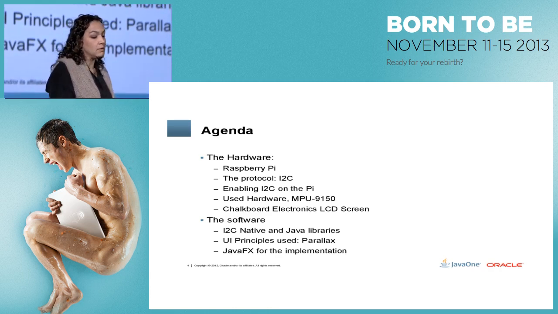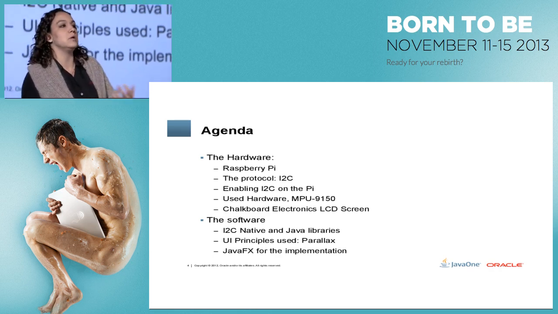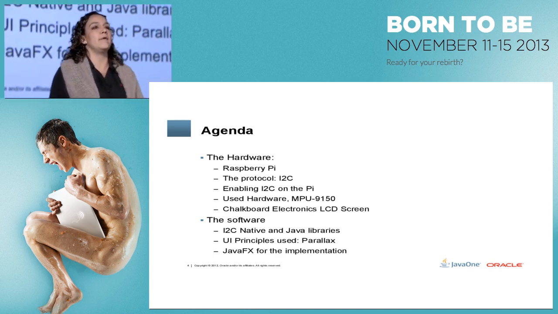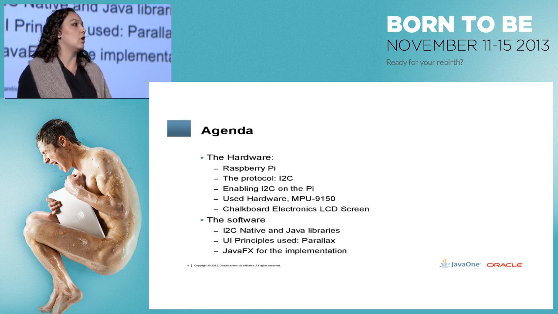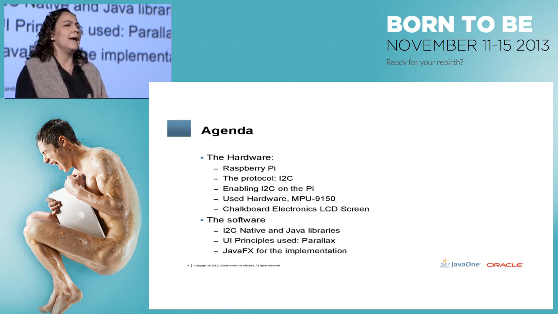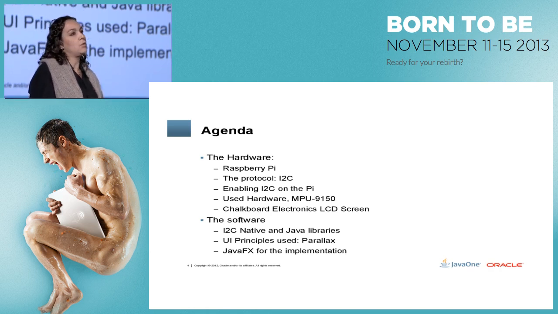The hardware that I use, I'm going to talk about MPU 9150. The only reason I use that board is because I have a lot of functionality in just one particular board. I have an accelerometer, I have a gyroscope, I have a temperature sensor, and it also has some other information about positioning. So it's actually a pretty good hardware piece.